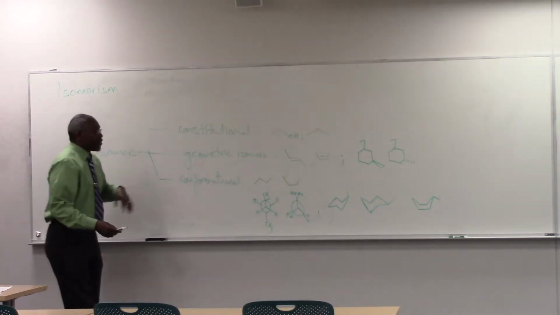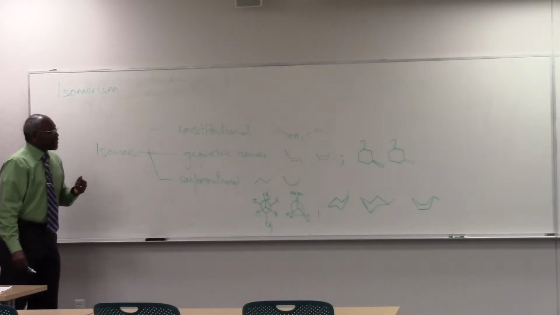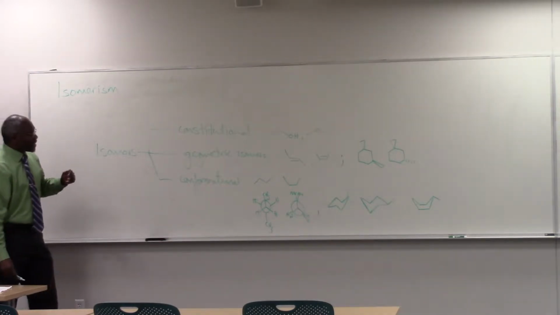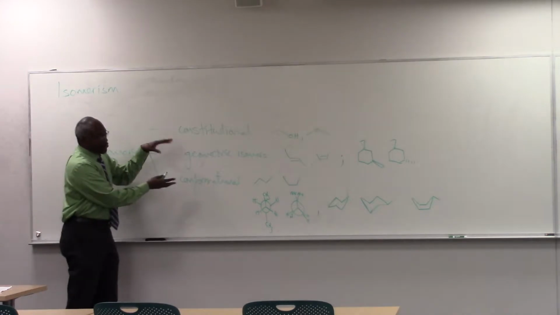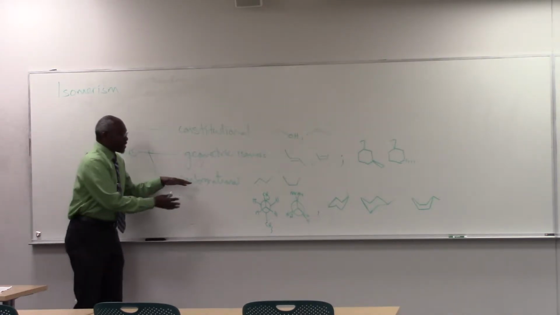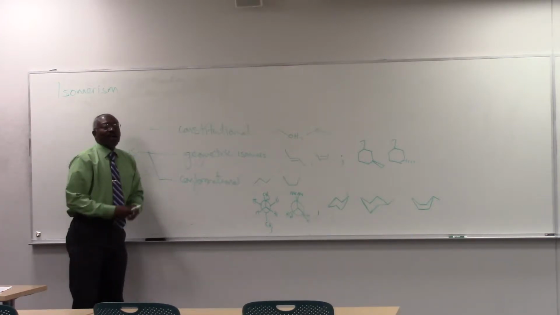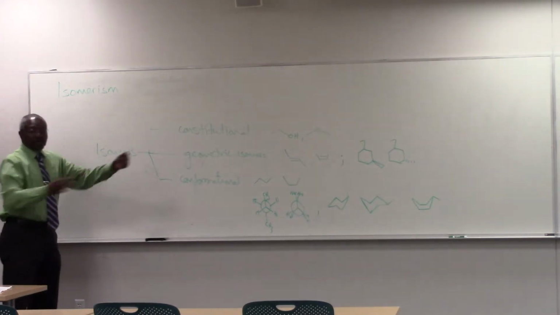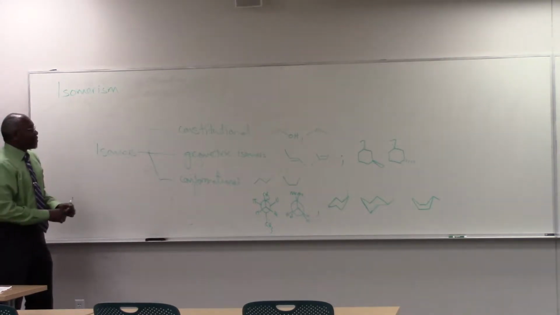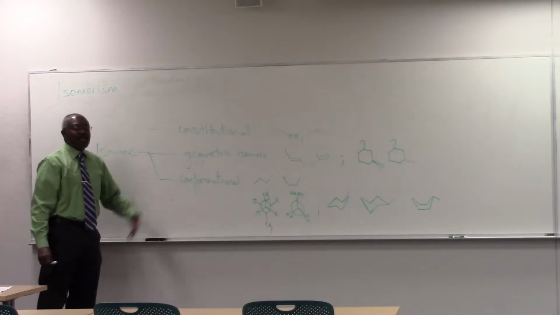conformational isomers, or conformers. It turns out that what organic chemists realize is that, and I've just drawn 3 different sets here, but there are lots of other subsets that start emerging. And organic chemists realize, well, this is kind of a runaway train because you're developing 12, 13, 14, 15 different subsets of isomers.